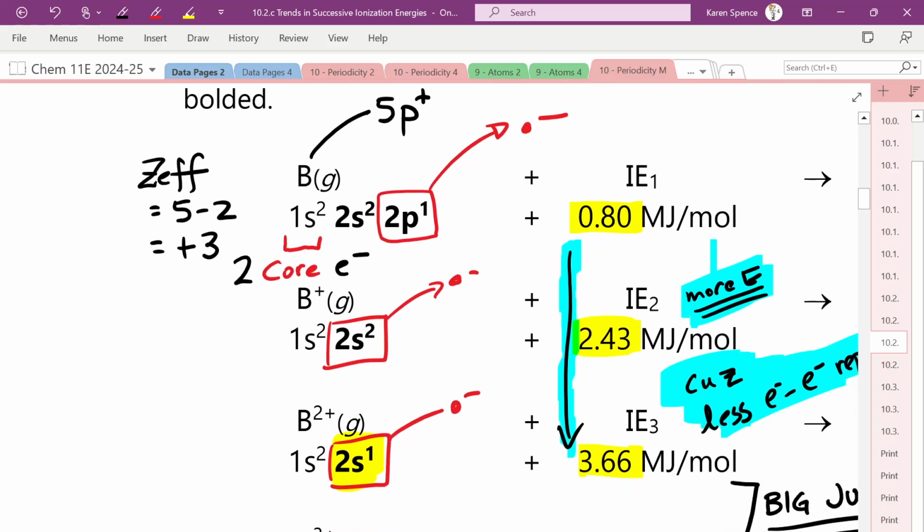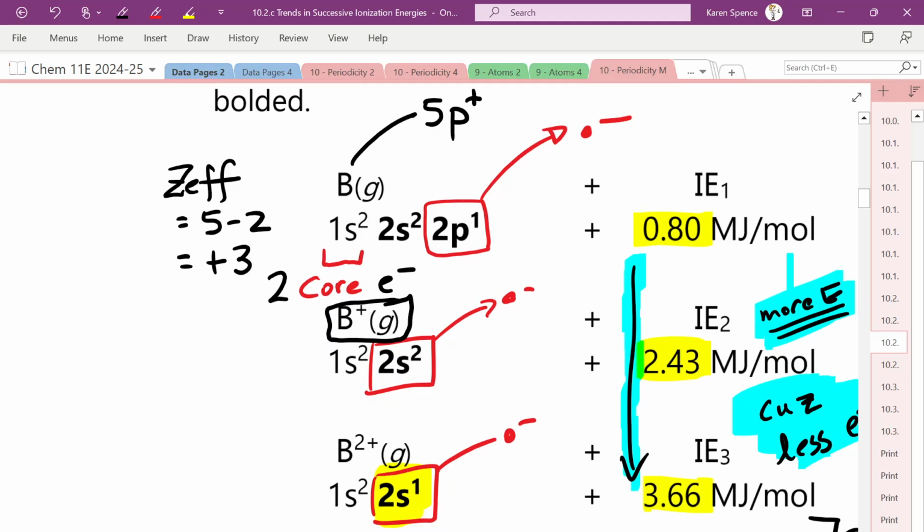What is Zeff for B plus? How many protons does the B plus ion have? Okay, you should be able to tell me this. Boron has 5 protons. How many protons does B plus have? 5.